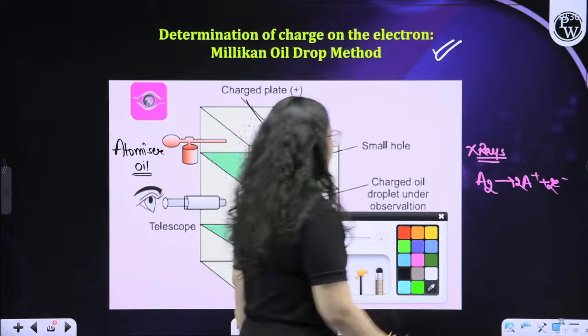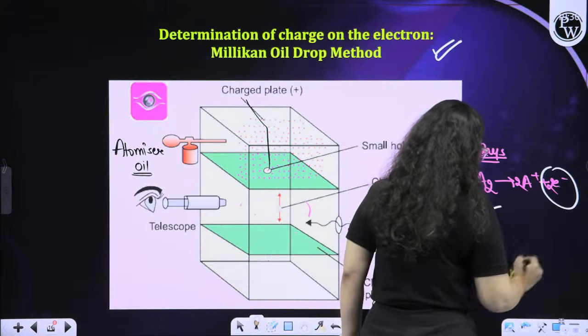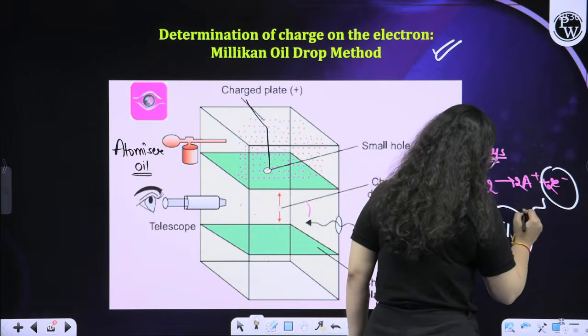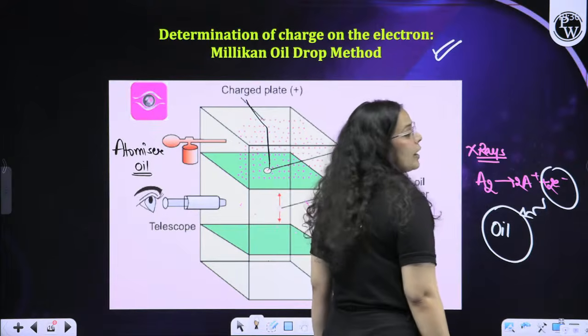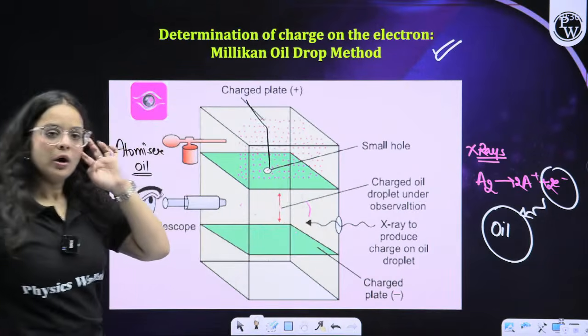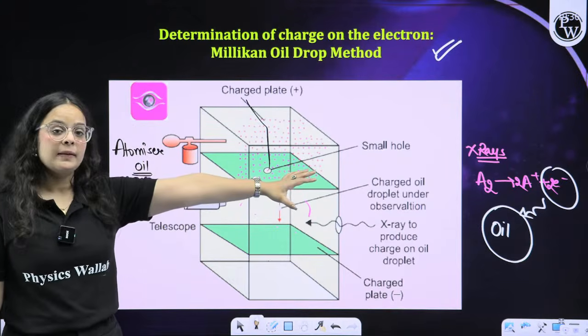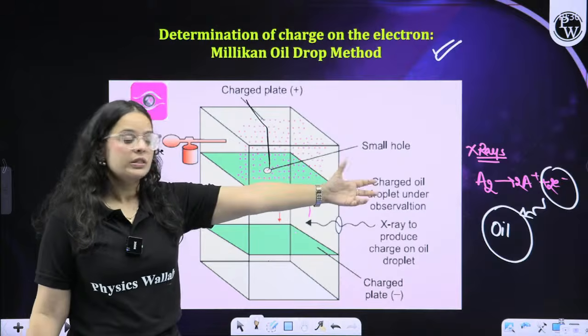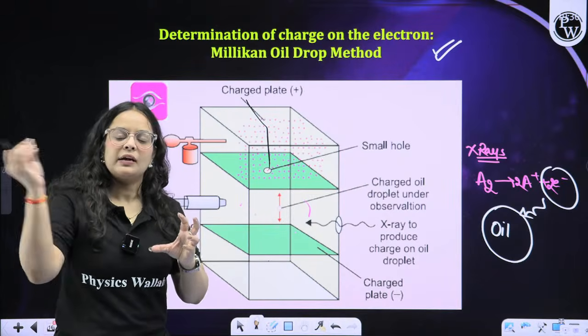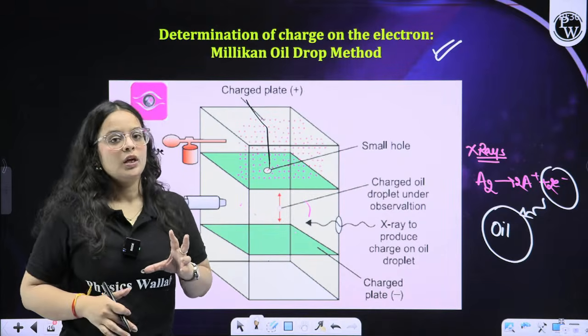Now, if electrons are produced, these electrons will come to the surface of this oil. The oil is not carrying any charge initially, but due to the connection with electrons, it will develop a charge, because electrons attach themselves to the oil surface.